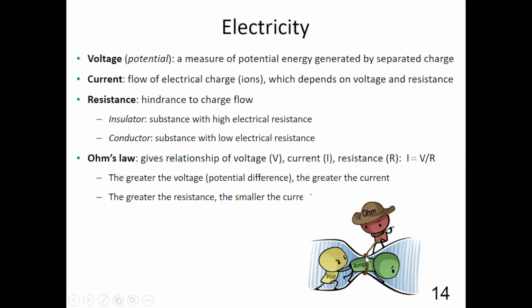So if I pinch the hose, if I bend the hose and I pinch it down, the water starts flowing much more slowly out of my hose. And then the pressure starts to build up. And then if I release this pressure or this resistance by releasing the bend in the hose, then the water can flow freely.